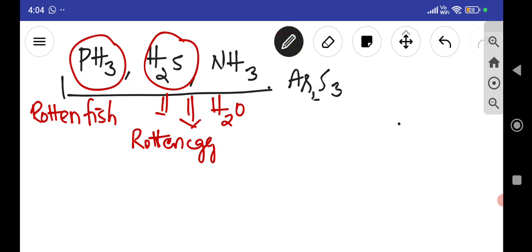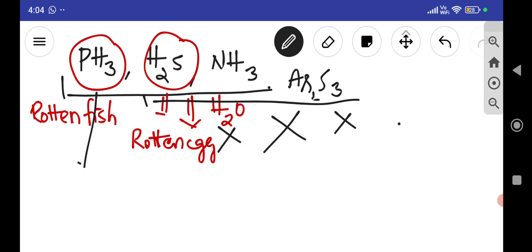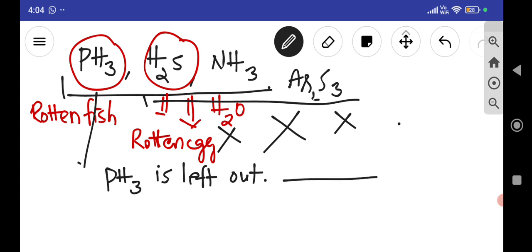So what will happen on passing through water? Except phosphine, all the other things are dissolved in water. So we can remove these impurities easily by addition of water. Phosphine is left out, it doesn't react with water. So how do you remove this? By the addition of acidified copper sulfate.